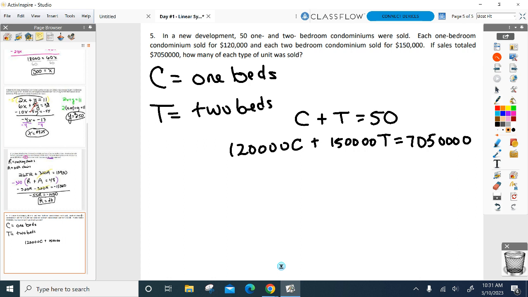All right, it doesn't really matter here, there's no working smarter. You have to solve for both. It says find the number of each type of unit. So you either multiply by negative 120,000 or you multiply by negative 150,000. It's up to you. Guys, please take your time. We had a lot of frustration last class just because we forgot a 0 in the calculator or forgot to write one down on the paper. Keep track of it. I'm not going to write anything on the board to confuse people. You figure out what you want to multiply by.